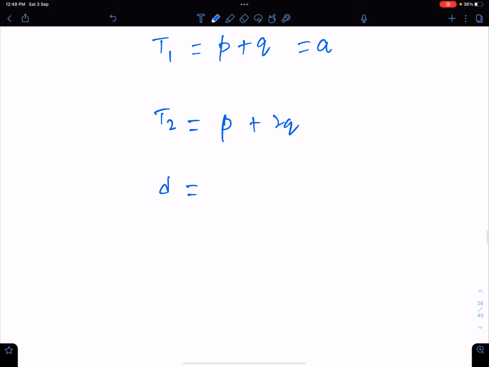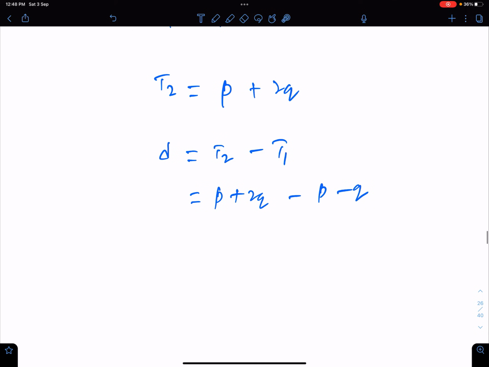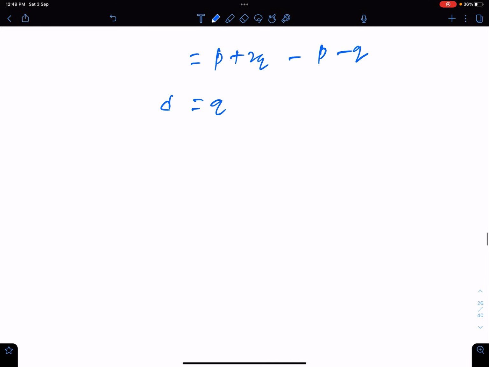So D is T2 minus T1. So T2 is P plus 2Q and T1 is P plus Q, after substitution here. So D is Q.